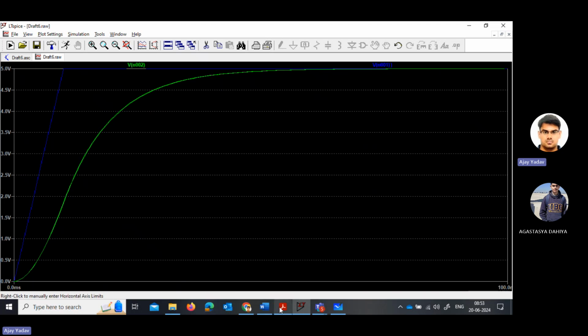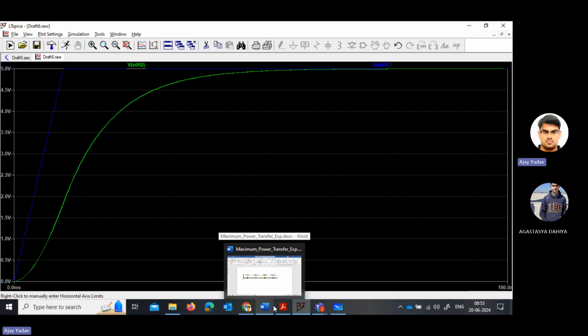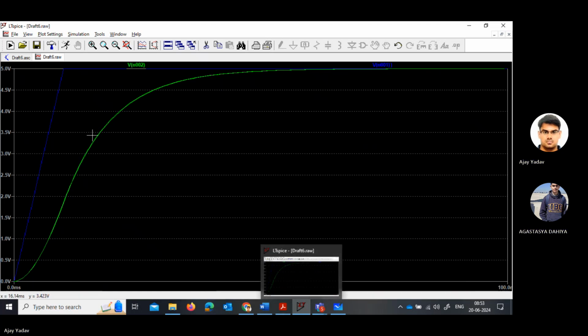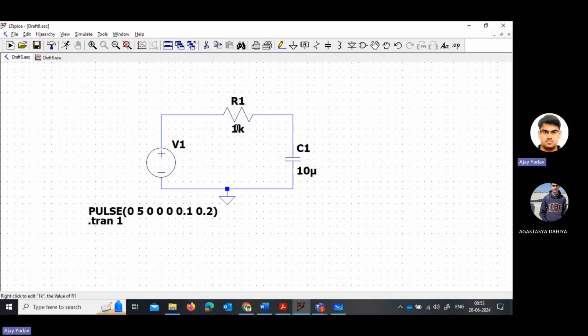If you see here, what is the value of RC in this circuit? You multiply R with C. This is 1 kilo ohm. This is 10 microfarad. So 10 into 10 raised to minus 3... what is the value of this?